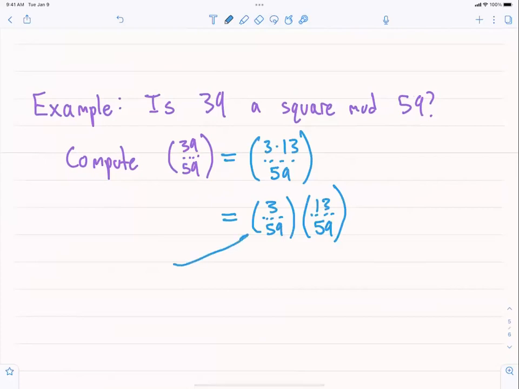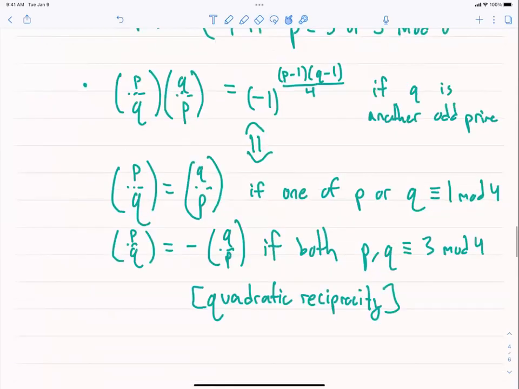So let's do this first one, the Legendre symbol of 3 over 59. I should have said 59 is a prime number. Let me apply quadratic reciprocity. In this case, both 3 and 59 are congruent to 3 mod 4, so I'm in the second case of quadratic reciprocity, where the Legendre symbol is the flipped Legendre symbol, but with a minus sign.